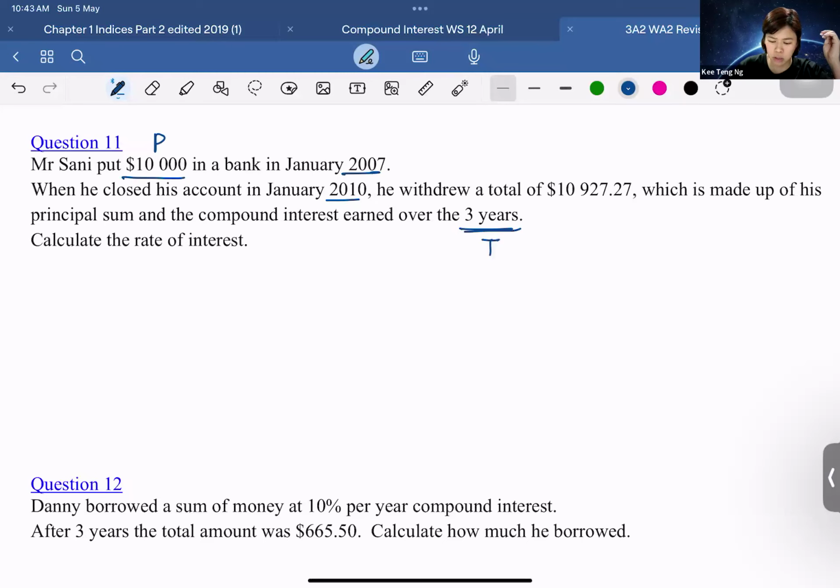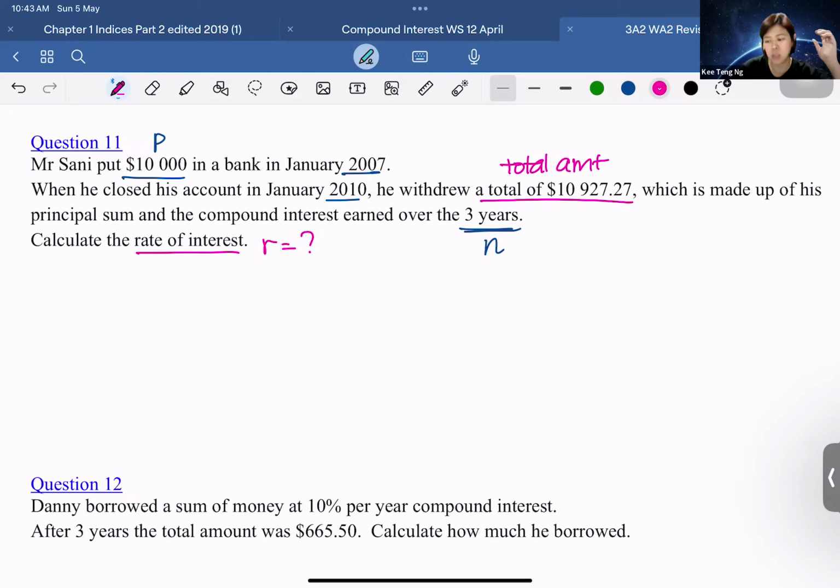So my time period is 3 years, or rather my N is also 3 years. Okay, and this amount he withdrew, this is actually your total amount, which is made up of the principal and the compound interest. Find the rate of interest. So the R is unknown.